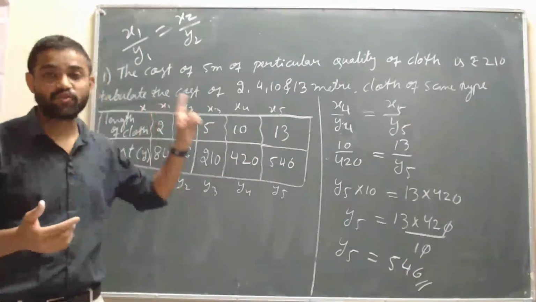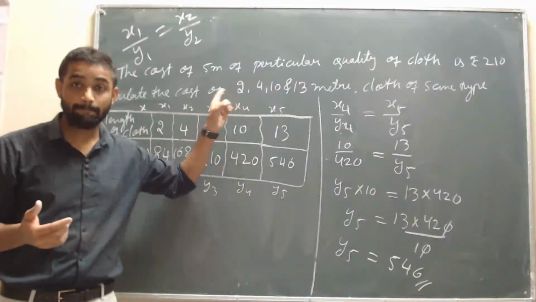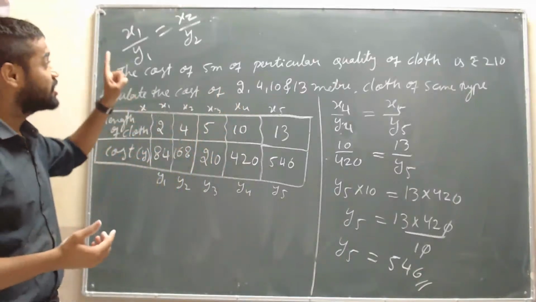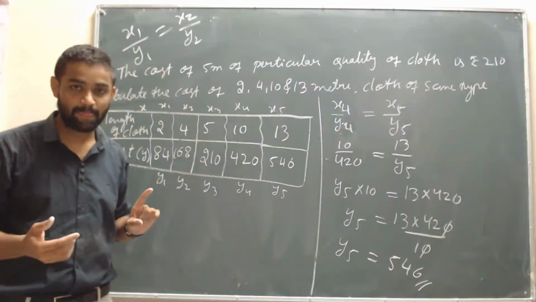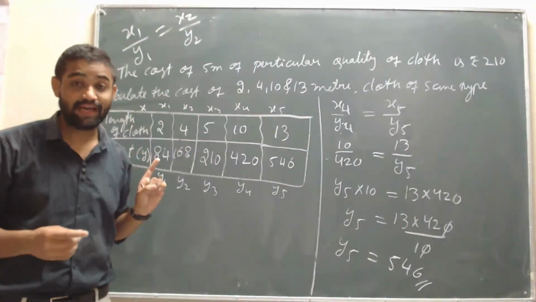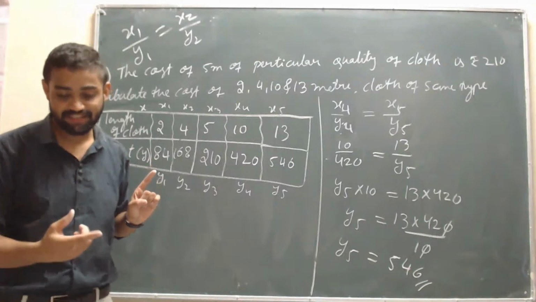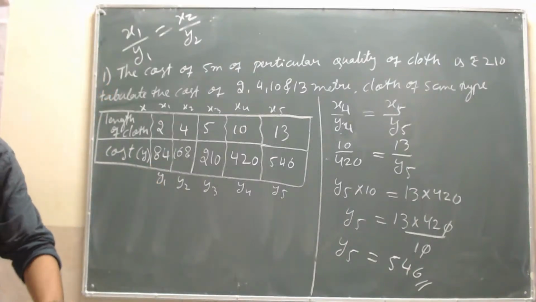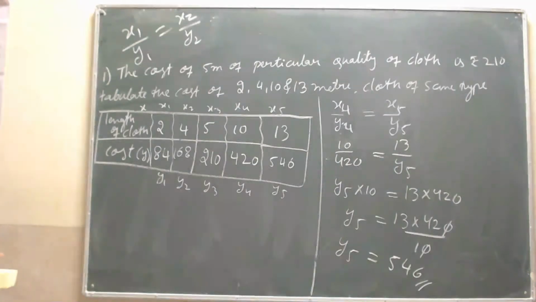This is the solution for this one. By which process? Direct proportion, students. Is it clear to you? So I will move to the next question. And the next question we have, yeah.